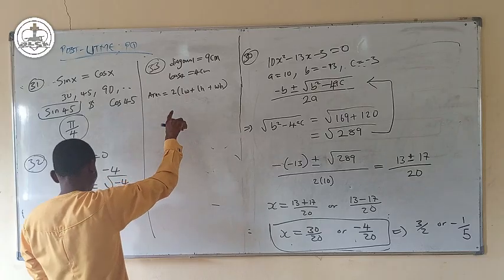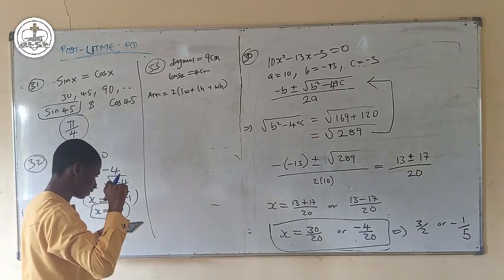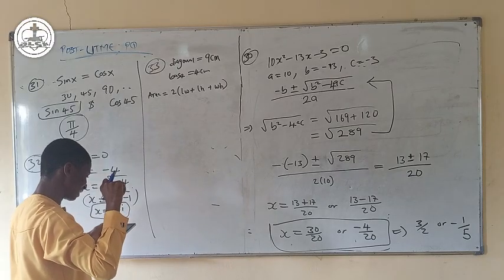Which should be our base now. They give us a diagonal. They said a cuboid has a diagonal of length 9 centimeters and a square base of 4 centimeters. What is its height?